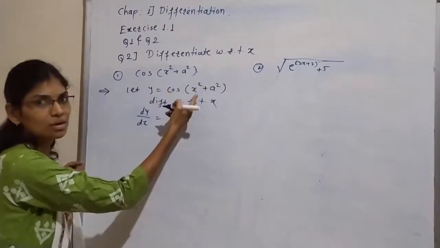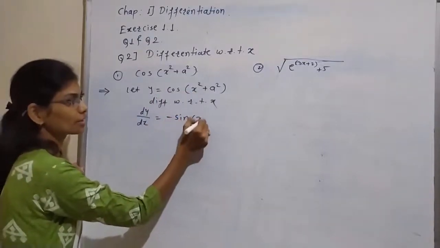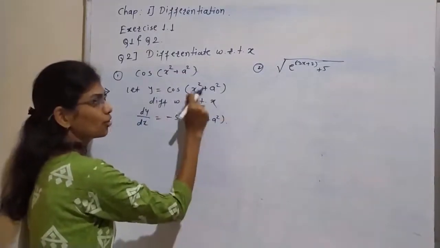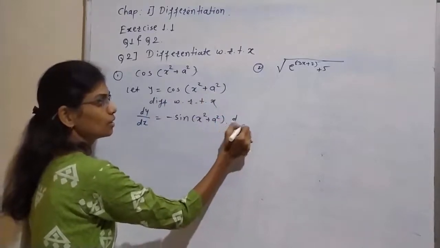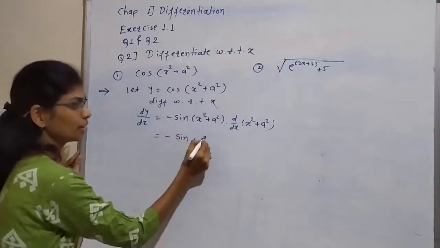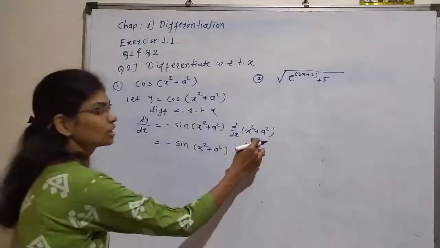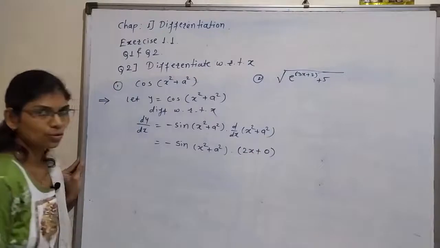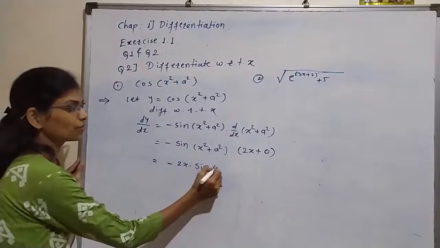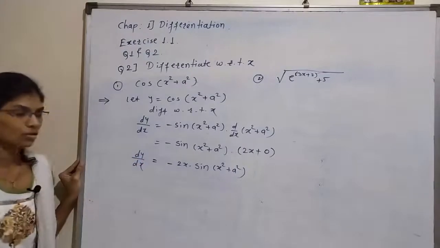The derivative of cos x is minus sin x, so the derivative of cos of the whole function is minus sin of (x² plus a²) into the derivative of the bracket, the derivative of x² plus a². The derivative of a² is a constant term, therefore its derivative is 0. The final answer is minus 2x multiplied by sin of (x² plus a²), and that is the derivative of the given function with respect to x.